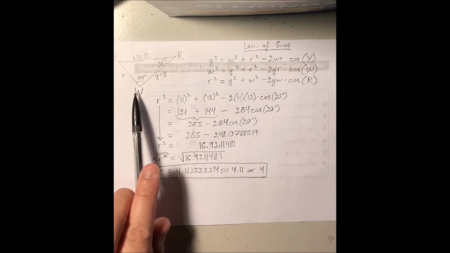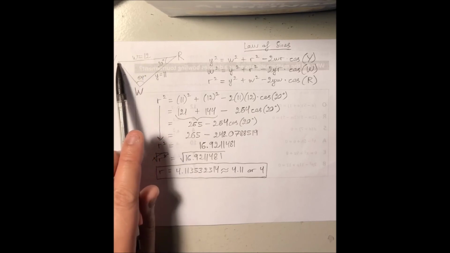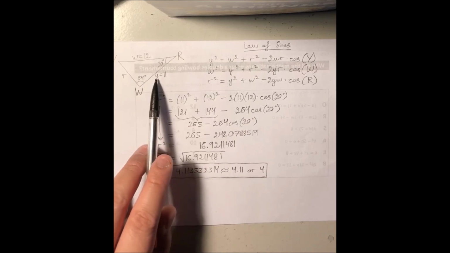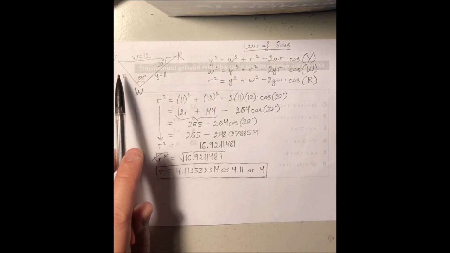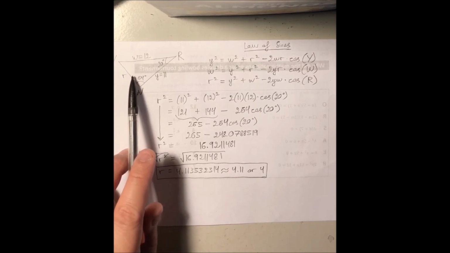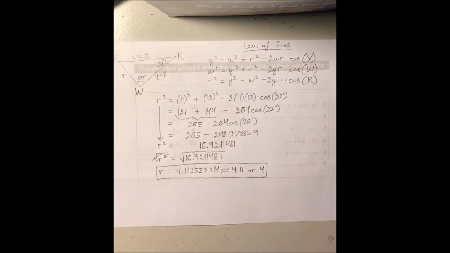For example, if we have angle capital W, the side opposite to capital W is the side represented by lowercase w. Same thing for angle capital Y, opposite to that is lowercase y. And same thing for capital R, opposite to capital R is lowercase r. All right? So don't let the letters confuse you, should you end up in a situation where you're given 3 different letters, instead of A, B, and C.